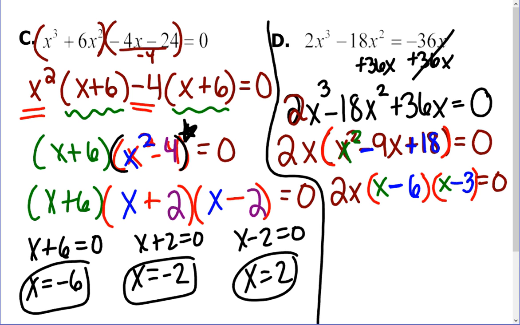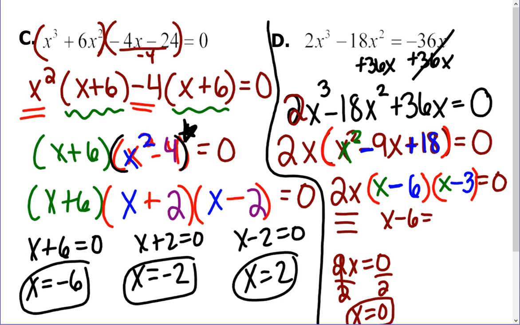And now we need to set each factor equal to 0. This 2x factor has an x in it, so we need to take that and set it equal to 0. If it's just a number like 2, then 2 doesn't equal 0, so don't set 2 equal to 0 because that doesn't make sense. But if it has an x in it, then you need to set equal to 0. So x equals 0 for that factor.